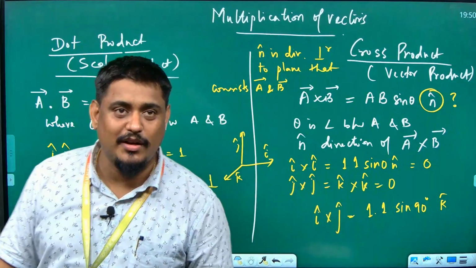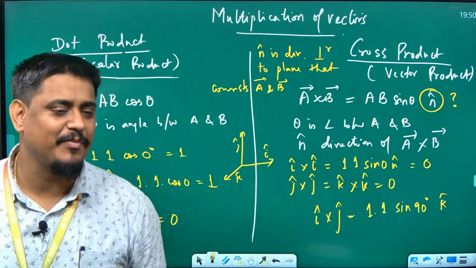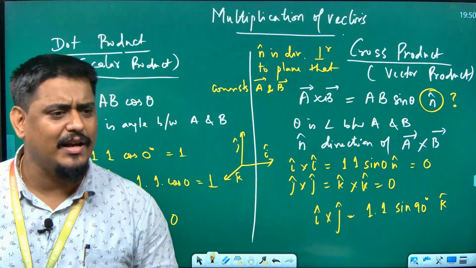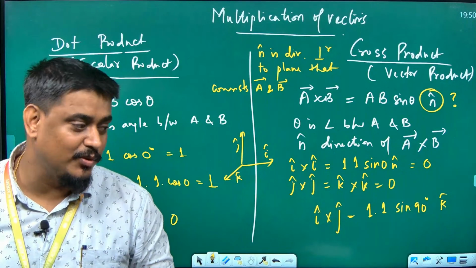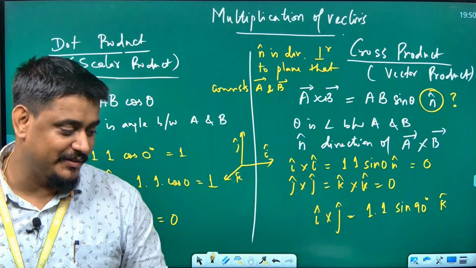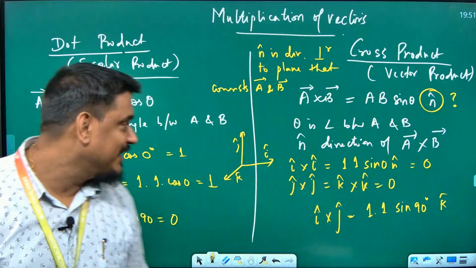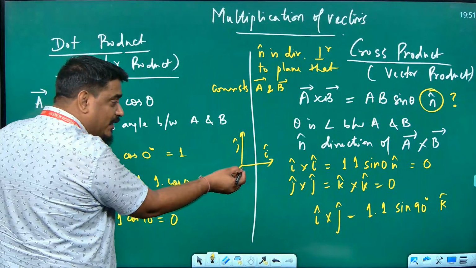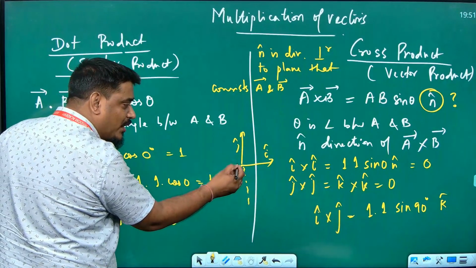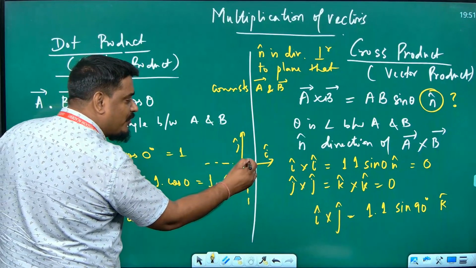Some students who are really listening properly may have a doubt. Why can't it be minus k cap? Minus k cap also is perpendicular to the xy plane. Anti-clockwise. Because this is not the complete coordinate axis. We have minus j also, we have minus i also, we have minus k also.